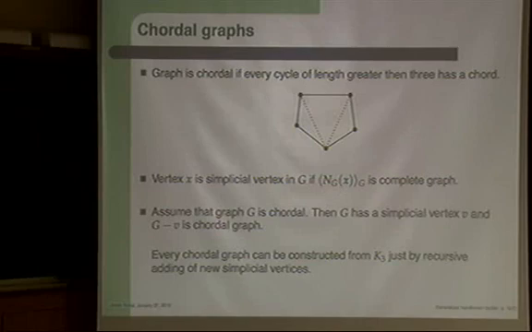It's a well-known theorem, I think due to Dirac, that if the graph is chordal, then it has a simplicial vertex, and you can remove it and the graph will still be chordal. So you can construct a chordal graph by adding new simplicial vertices, just by reversing this. So what is known about chordal graphs?